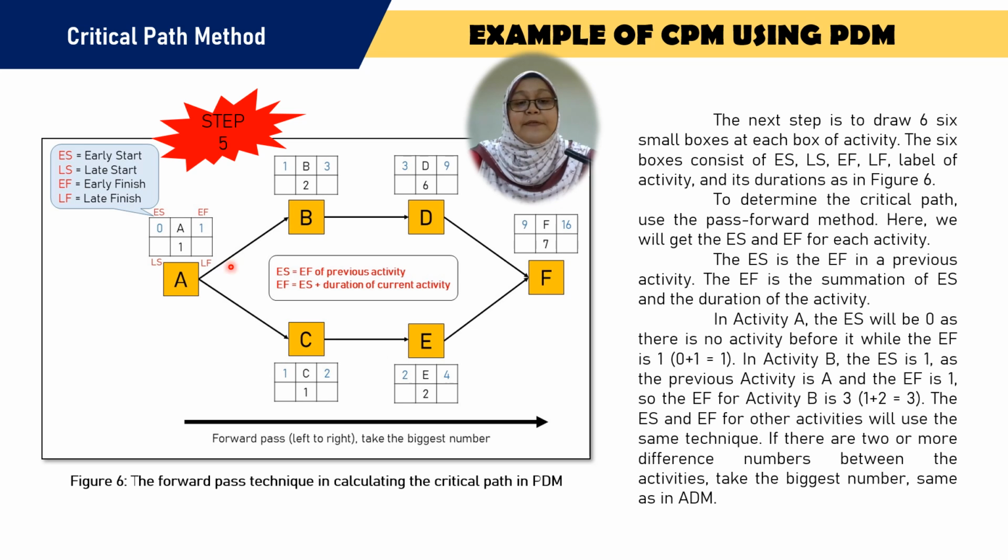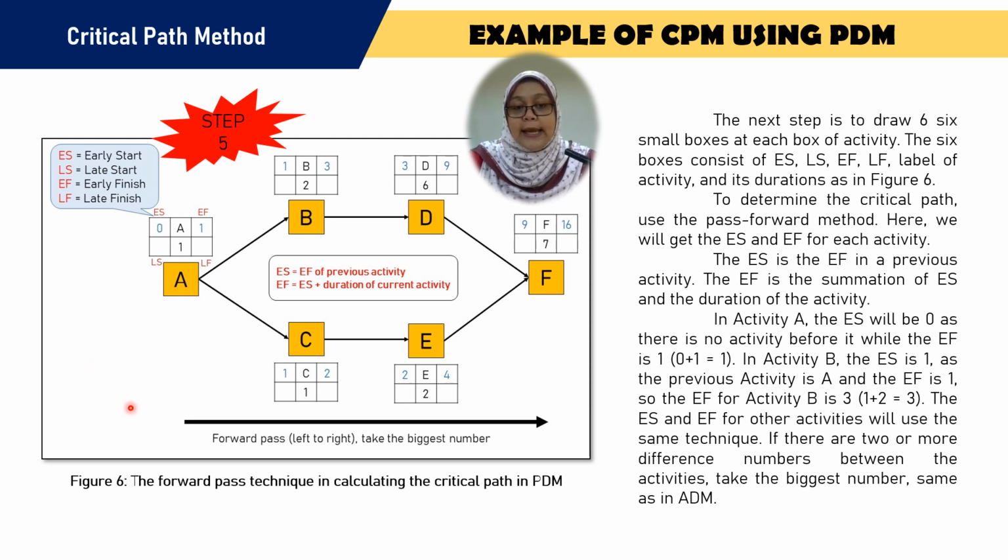So we will have 6 boxes that will represent early start, early finish, and at the bottom late start and late finish. So that is activity A, and this bottom is the duration of the activity.